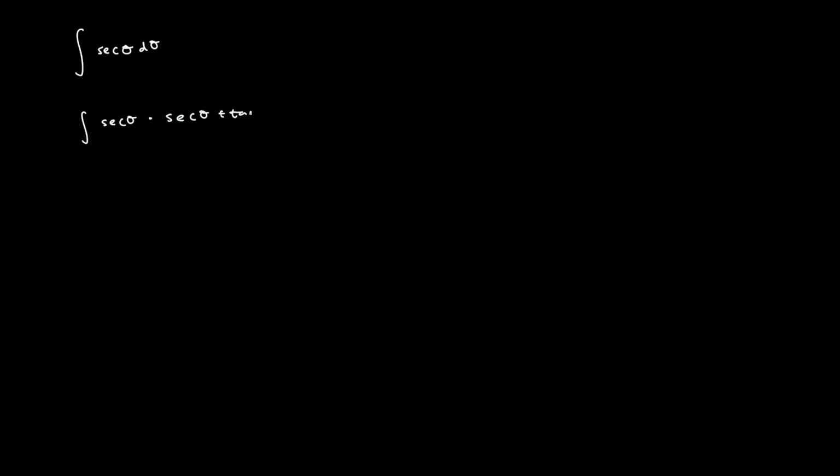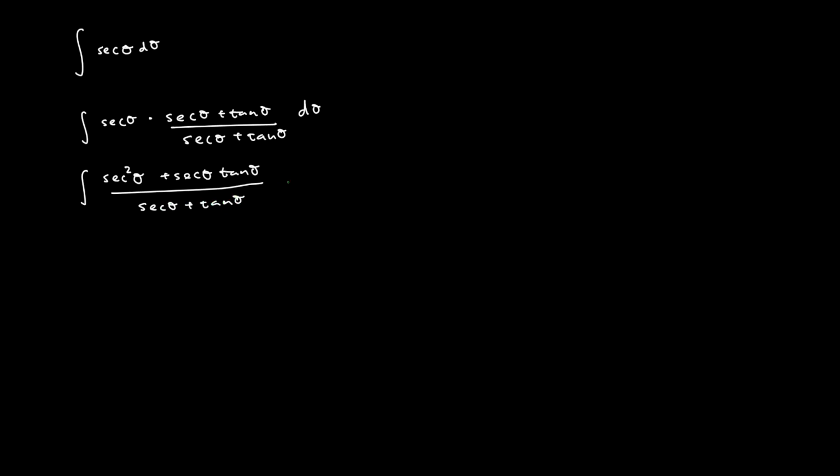And this is valid because it's the same thing as multiplying by 1. This fraction just evaluates to 1, but it will help give us a useful form. So once we do this multiplication, the numerator is simply secant squared theta plus secant theta times tangent theta, divided by secant theta plus tangent theta, times d theta.